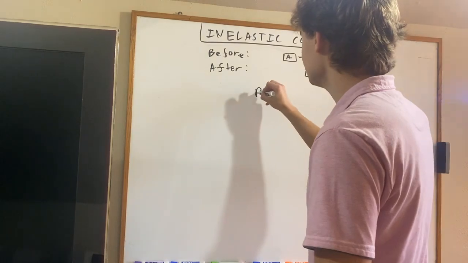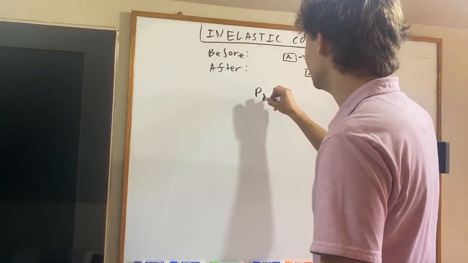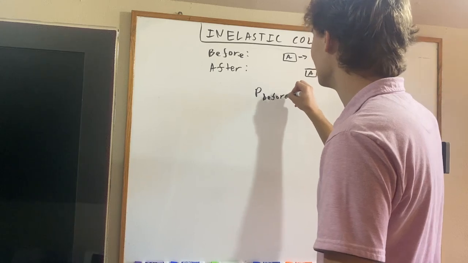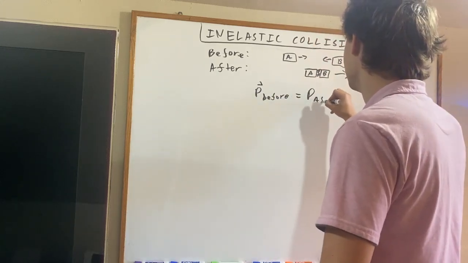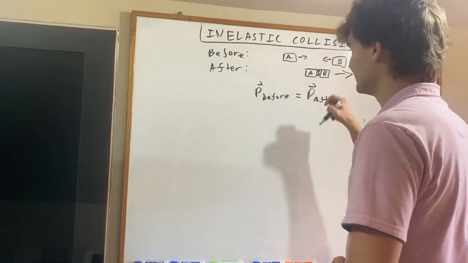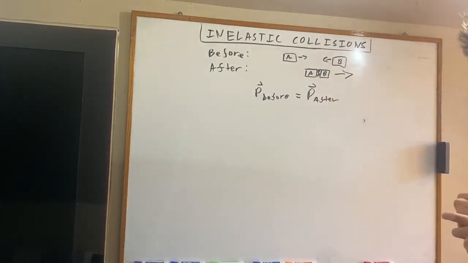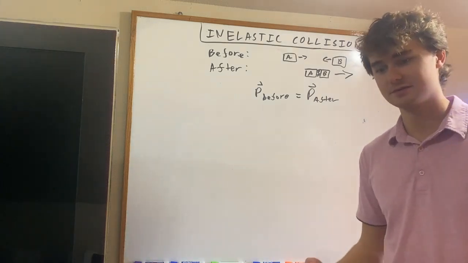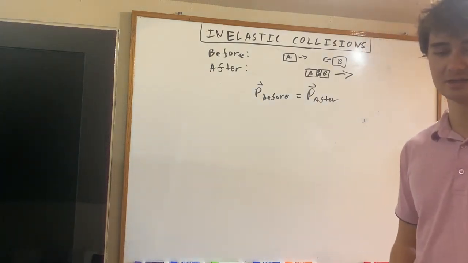So what we're going to do is P before, the momentum before, is equal to the momentum after. So the momentum before the collision is equal to the momentum after the collision. So momentum is conserved in both elastic and inelastic collisions.